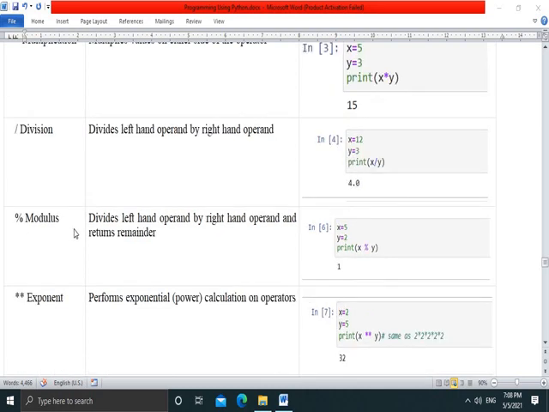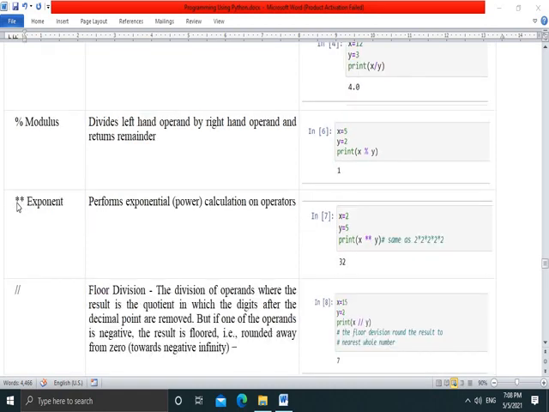Modulus operator. It divides left hand operand by right hand operand and returns remainder. Means if you take the example x equal to 5, y equal to 3, then 5 modulo 2. 5 modulo 2 means quotient is 2 and remainder is 1. So modulus operator returns the remainder.